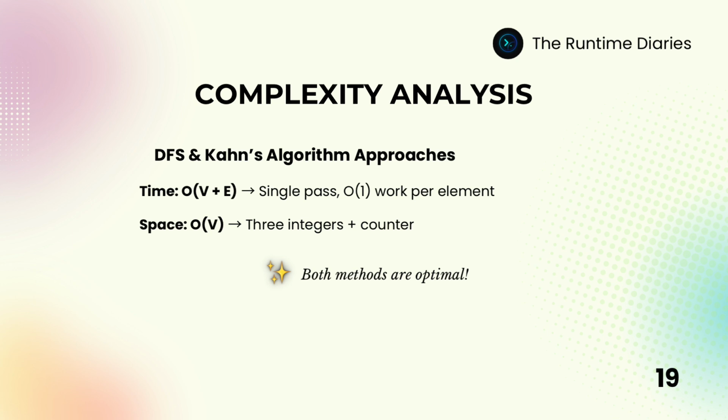In DFS, this includes the recursion stack. In Kahn's, this includes the indegree array and queue. These complexities are optimal. You cannot solve this problem faster than O of V plus E because you must at least look at every course and every prerequisite pair to know what the dependencies are.